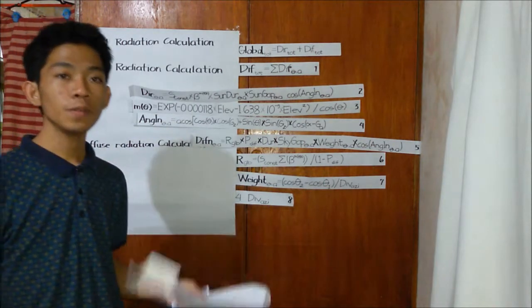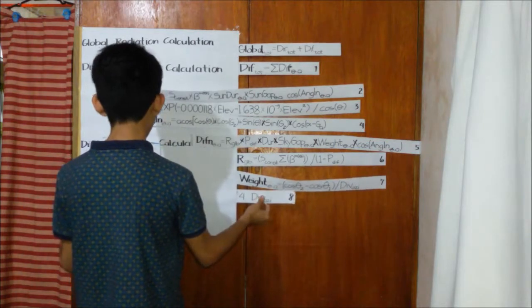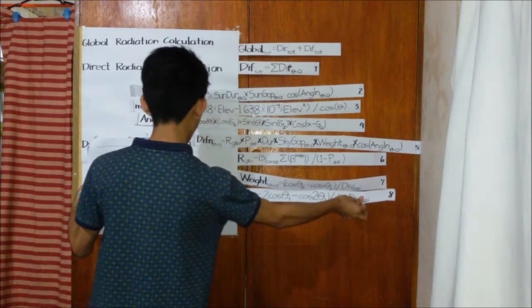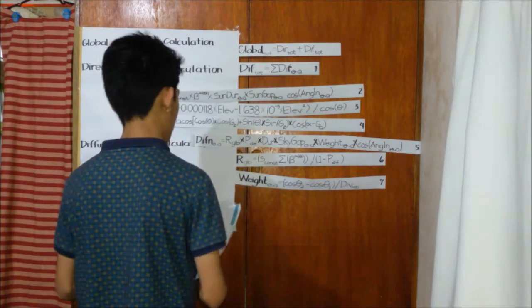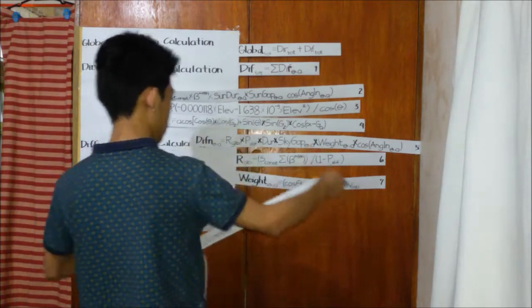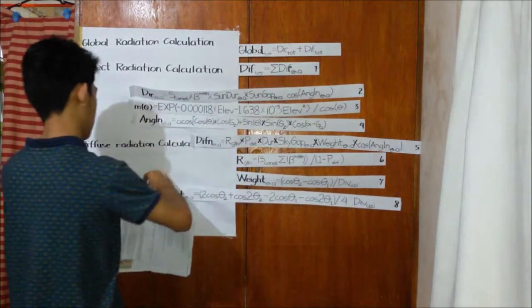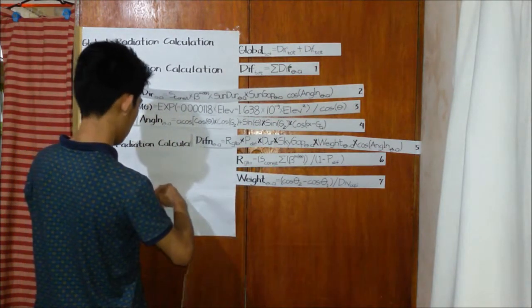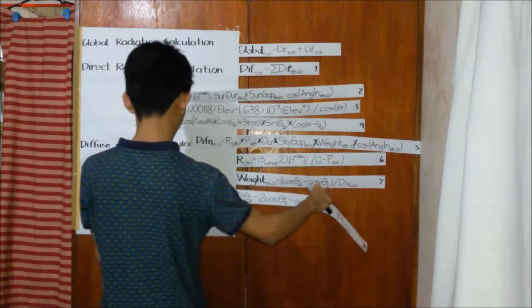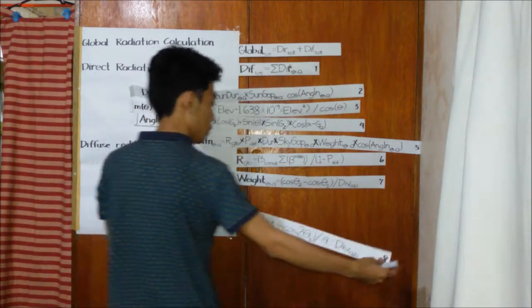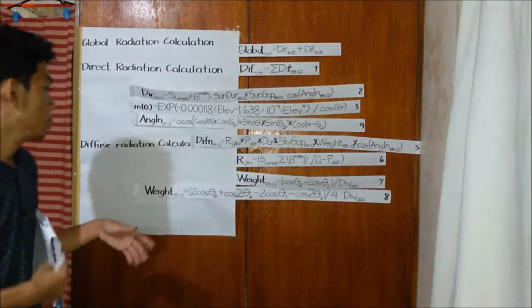The last equation of the diffuse radiation calculation is for the standard overcast sky model, where weight is calculated.